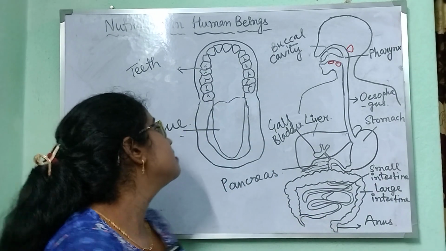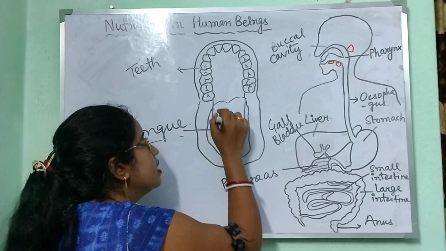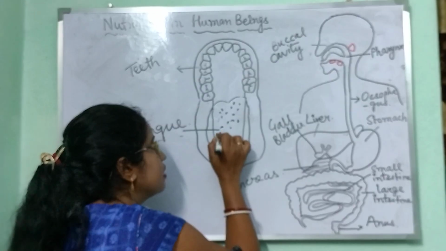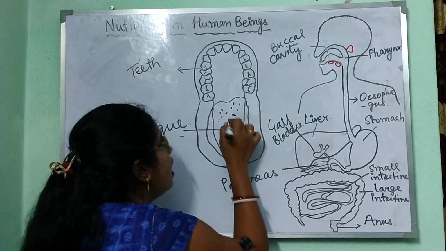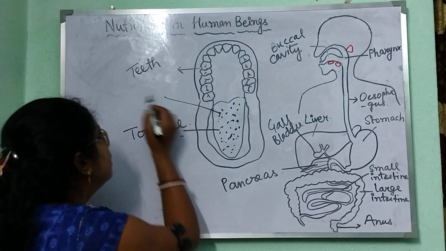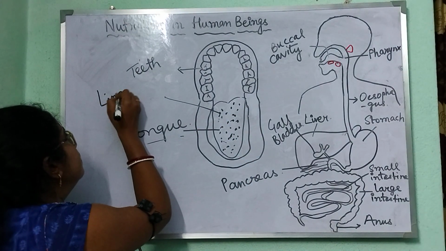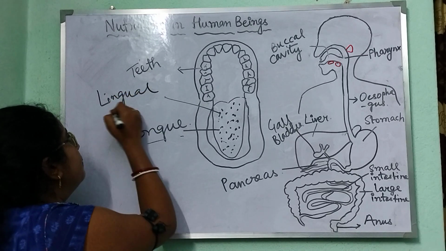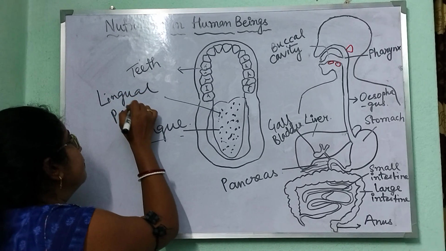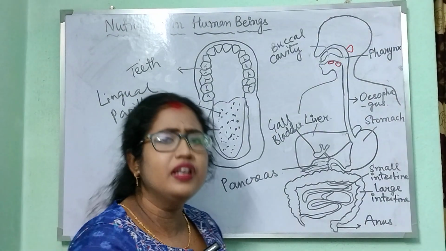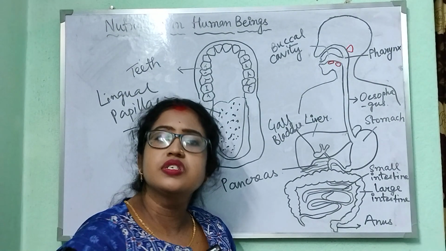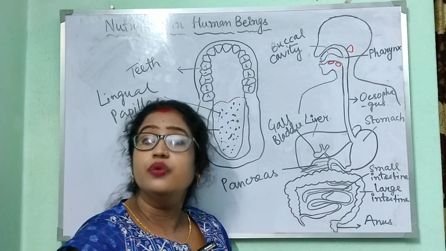The tongue has small projections in its structure like this. These are known as lingual papillae. These are finger-like projections.